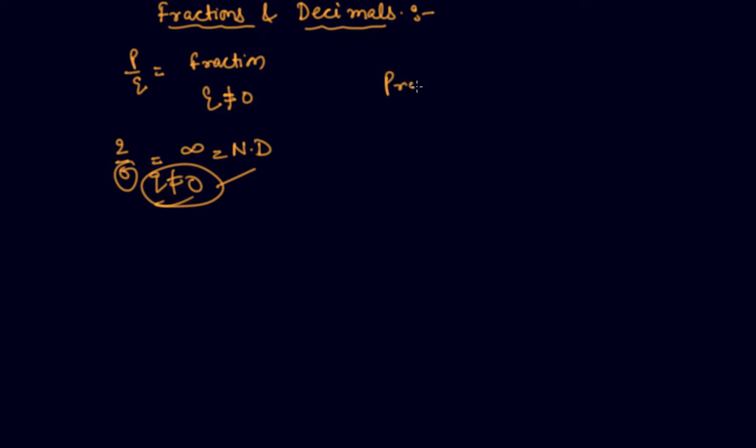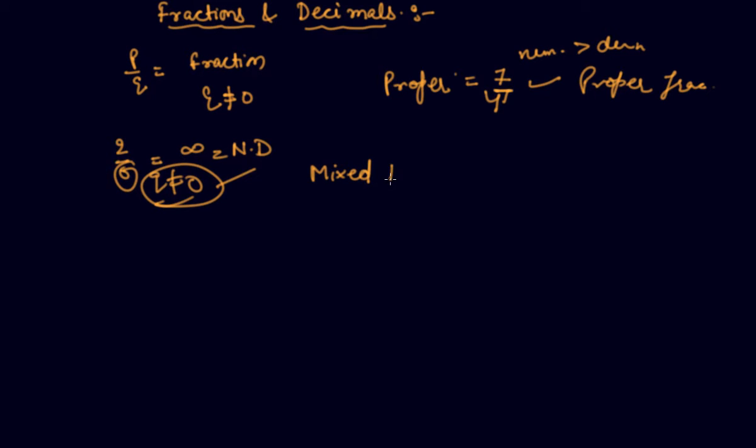So what is a proper fraction? Let's say 7 by 4 is a fraction in which the numerator is greater than the denominator, and there is also a term called mixed fraction, in which I will write this 7 by 4 as 1 and 3 by 4.